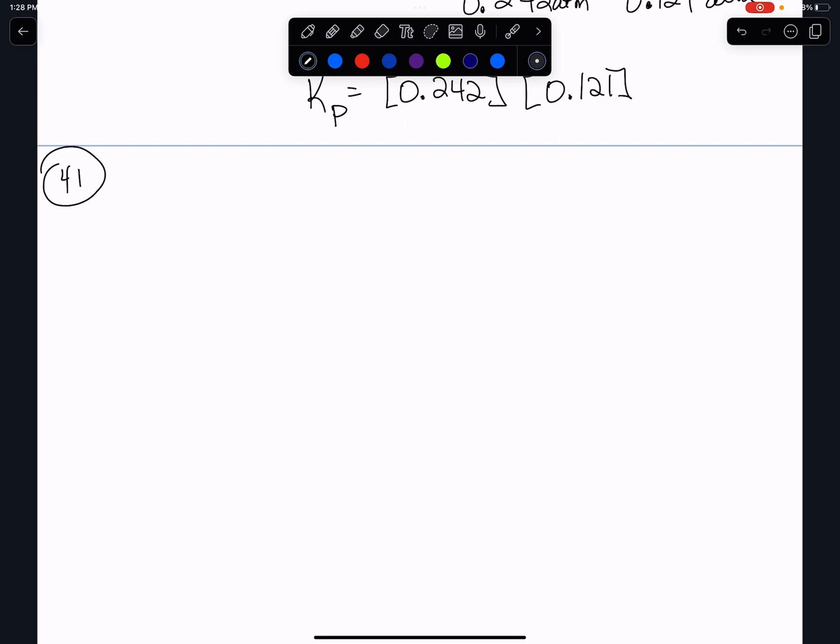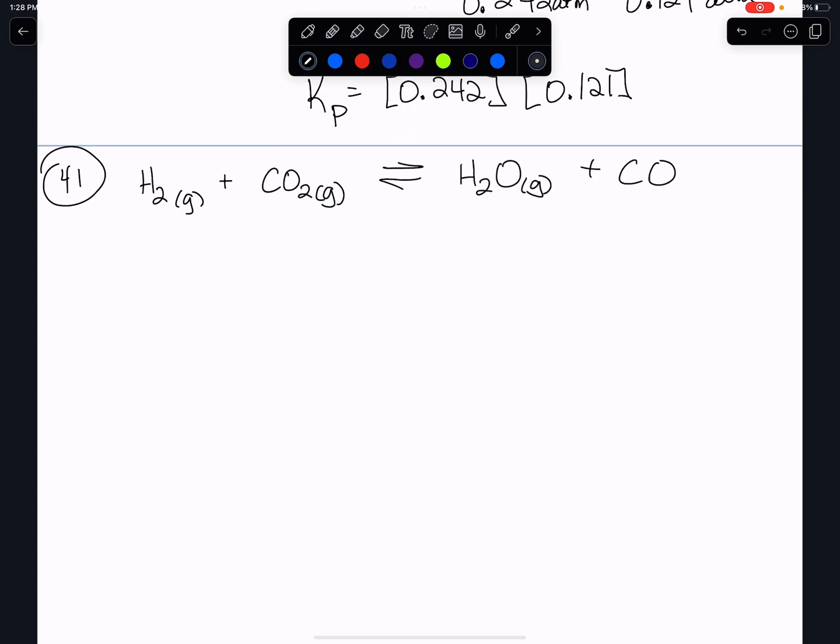41. We're given this reaction. Hydrogen gas. We're told that the Kc is 0.534.